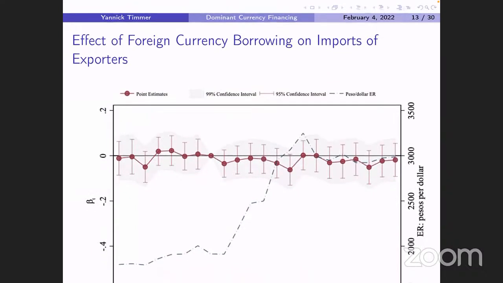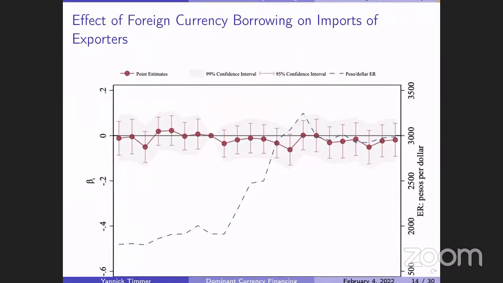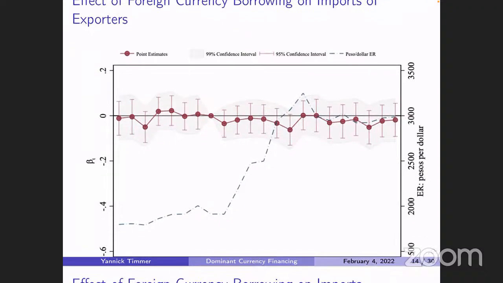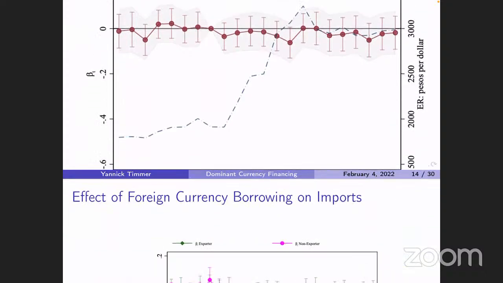When you look at the results only for the firms that are actually exporting, you see that there is again no such effect. This looks very much similar to the results on exports. So you can see that exporters, which are of course the ones that are exporting, and the imports of exporters are both unaffected.